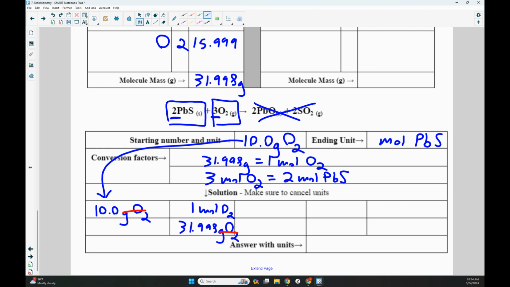And now I'm going to convert from moles of O2. It's not 1 mole, it's actually 3 moles of O2. And for every 3 moles of O2, again, we have 2 moles of PbS. Arranging that conversion factor allows me to cancel out moles of oxygen and leaves me with moles of PbS for an answer.